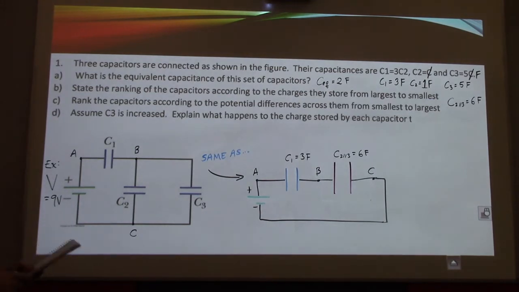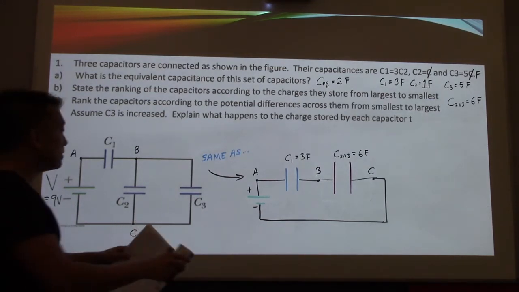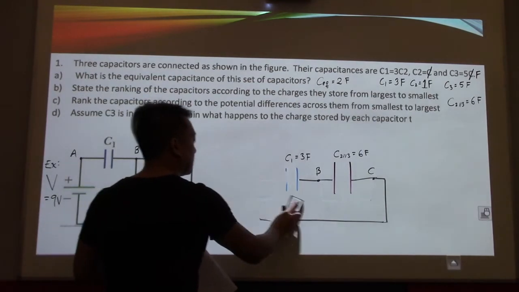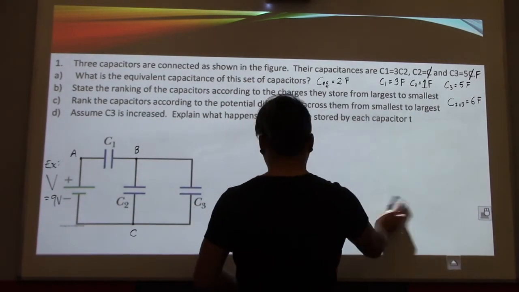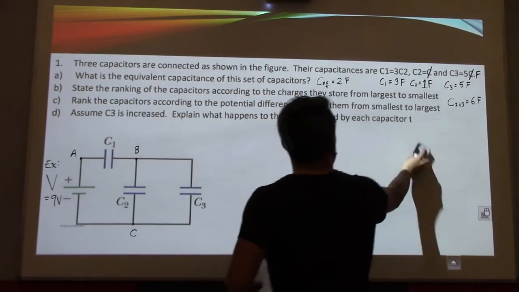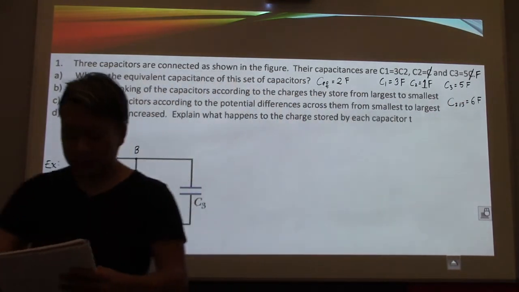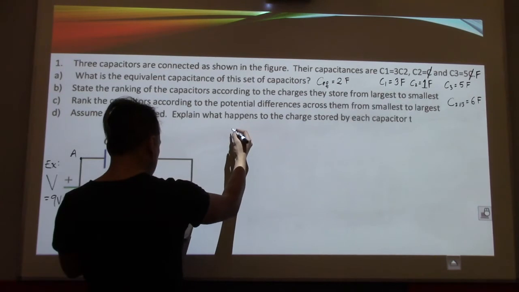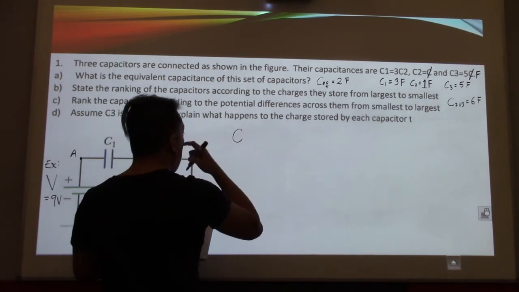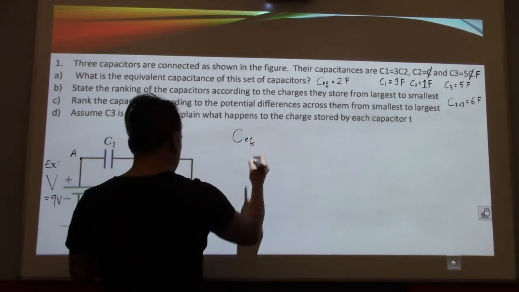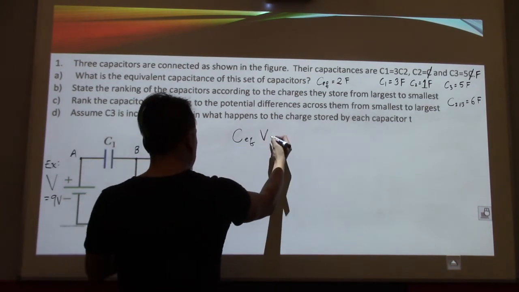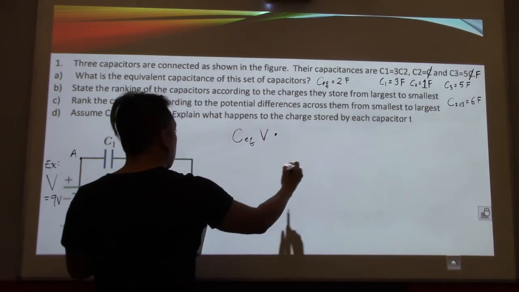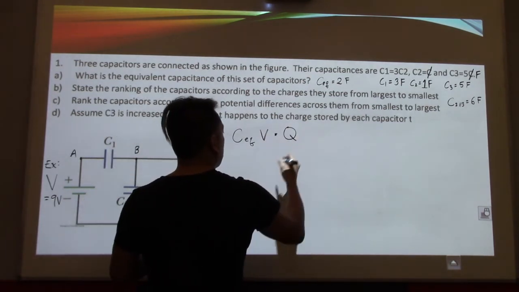Okay, so let us do this. Let's erase this. So we have that piece, that's important. First off, let us do C equivalent times the voltage. That would equal the total charge. Right?